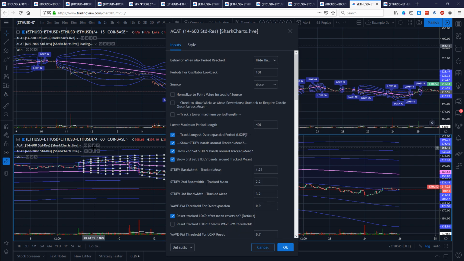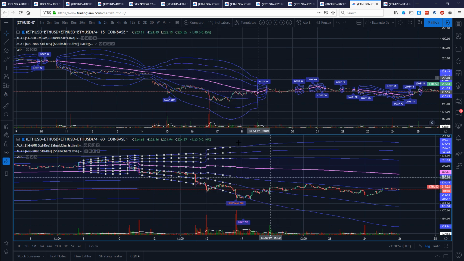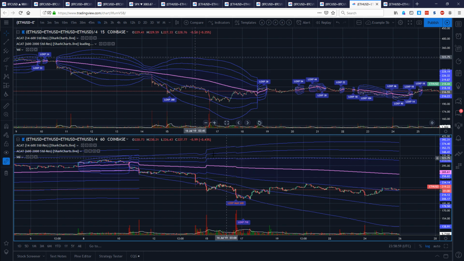What's causing it is this factor here, periods for oscillator lookback. So the way this indicator is calculating what it's doing is it's looking back at volatility over, by default, the past 100 periods. On a 60-minute chart, that would be 400 15-minute periods.